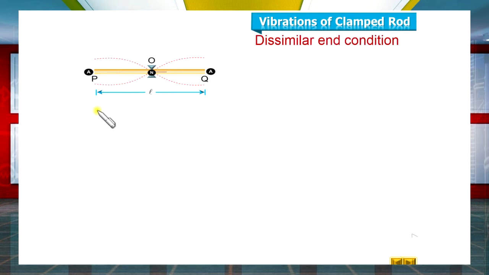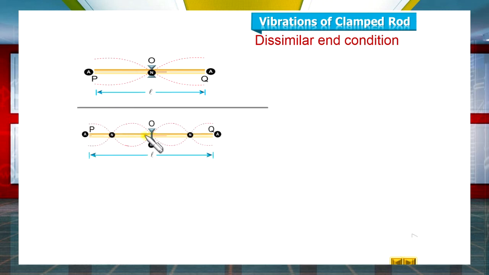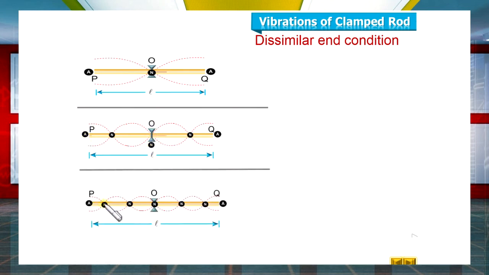So if we plot the cases of the higher frequencies, everywhere you can observe this is a dissimilar end condition. This final point, that is point P, the end of the rod, is an antinode and this is a node, and similarly for the next frequency. Now analyze this part, that is the PO section of the rod.